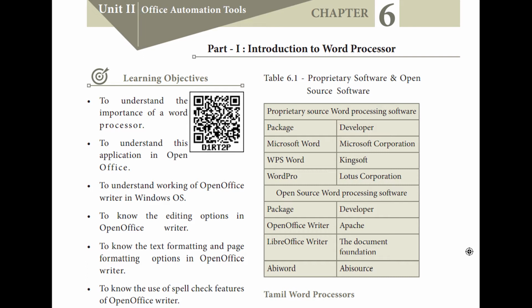Spreadsheet means it is like a calculator. In OpenOffice, the spreadsheet is OpenOffice Calc. In MS Office, that is Microsoft Office, it is MS Excel. You would have seen Excel: it has columns and rows, and inside that we can do some calculations on our own.